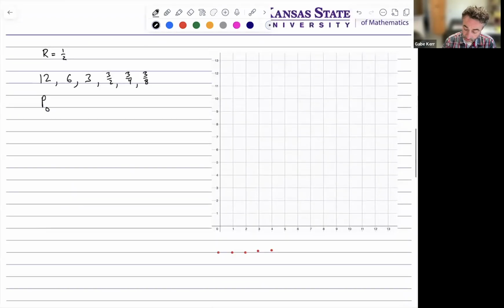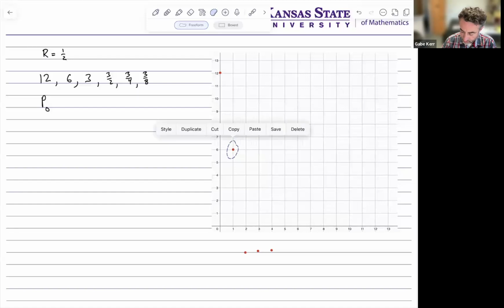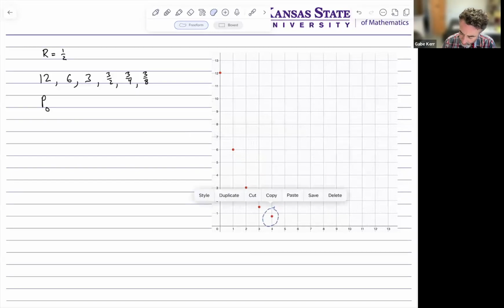All right, let's see what the plot looks like. Starting in the beginning at P naught, we're way up at 12. We half it. That's not too bad, but it is a pretty sharp decline. Then we're going down to 3. Then we're going to go down to 1.5. Then we're going to go down to 3/4, which is less than 1. And then we can keep on going, half of that.